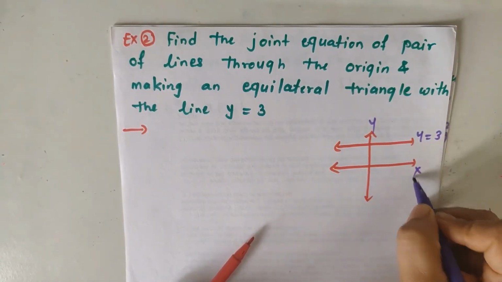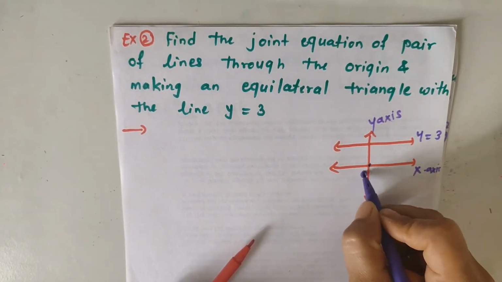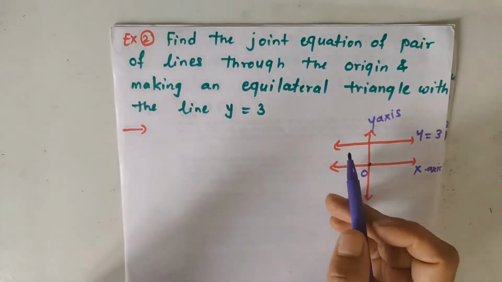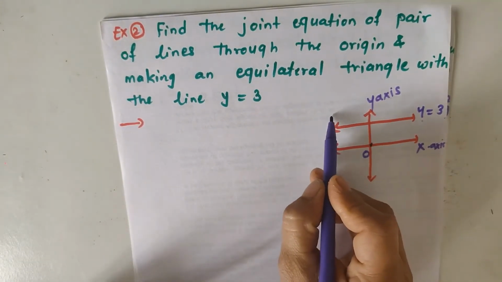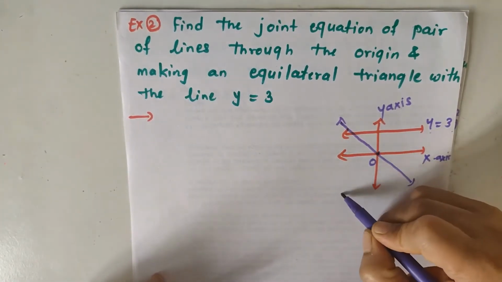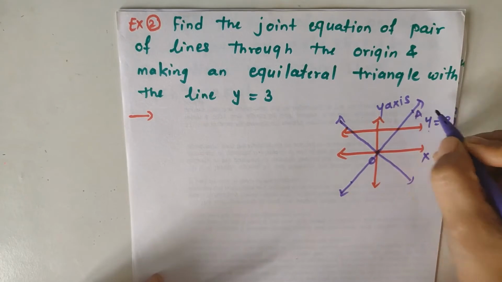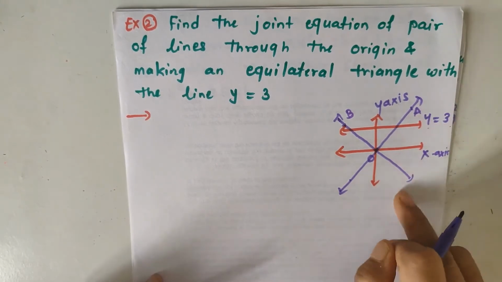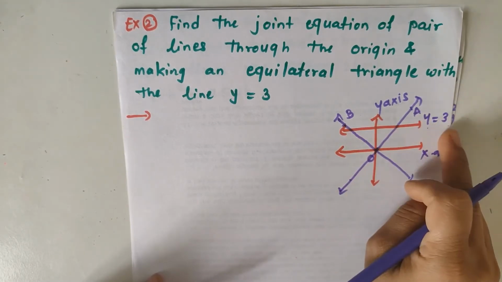This is the y-axis, this is the x-axis, origin O. And the lines passing through the origin, which make an equilateral triangle with the line y equal to 3, are denoted by OA and OB. Now the lines OA and OB pass through the origin and make an equilateral triangle with this line y equal to 3.